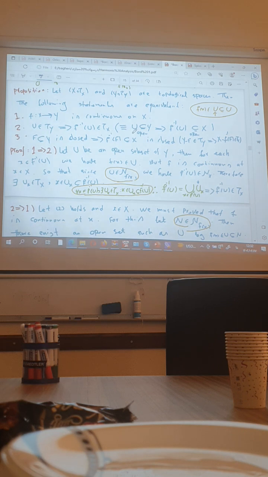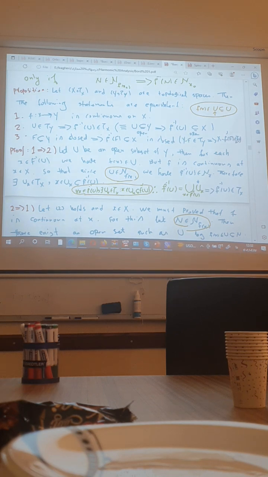Equivalently, if U is an open subset of Y, the inverse image of U is an open subset of X. If F is a closed subset of Y, the inverse image of F must be closed. This equals this: if the complement of F is open, the complement of this must be open, because this complement is open if and only if this set is closed.